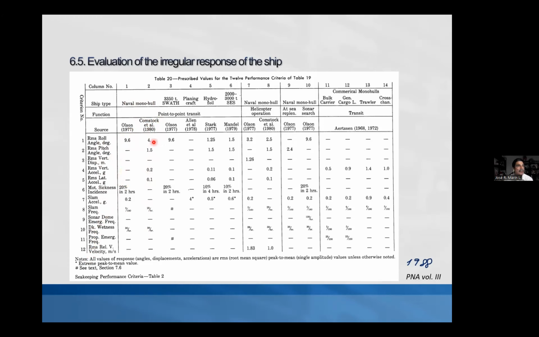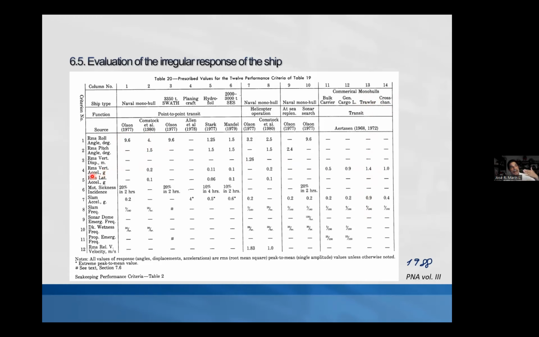What we can do is try to see if there is more up-to-date information about the maximum allowable value for this parameter. As far as the commercial monohulls, for example, here we have a trawler, that's a fishing vessel, and we have some values that we could use. For example, they evaluate the RMS vertical acceleration.